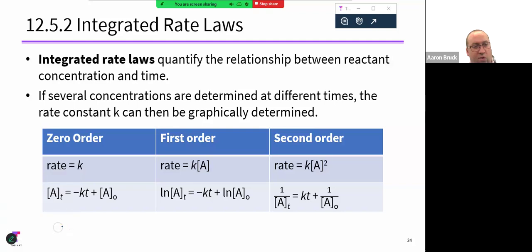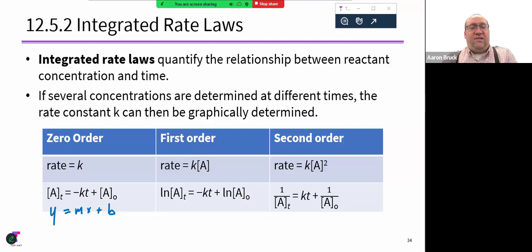So for a zero order reaction, we know that from a rate law standpoint, the rate of the reaction is just equal to the value of the rate constant. But from a graphing standpoint, what we're going to do is we are going to graph the concentration of the reactant A over time.